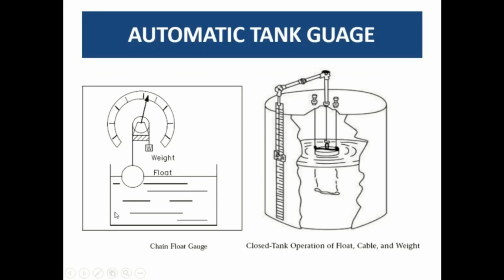Let's suppose the tank is quite empty at the beginning. This floating element has a position at the very bottom part of the tank. As this floating element moves downwards, the pointer attached to this pulley will move anti-clockwise and will display the reading present at this part of the calibration scale.